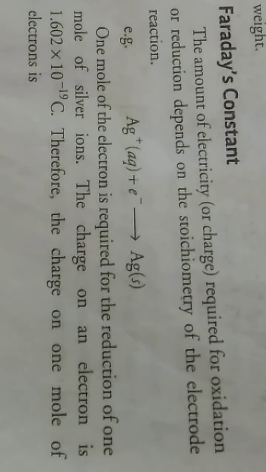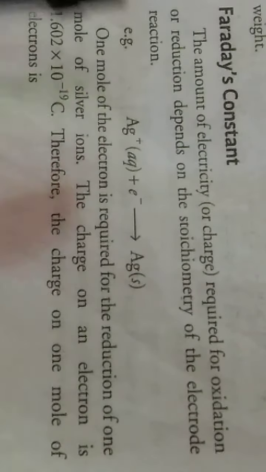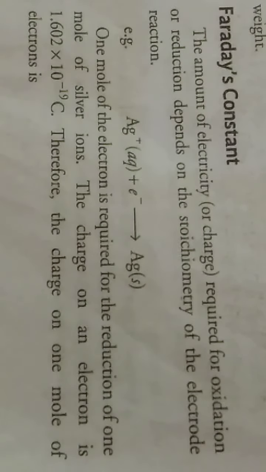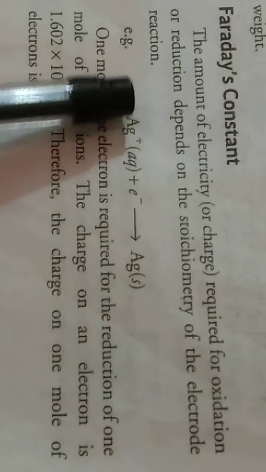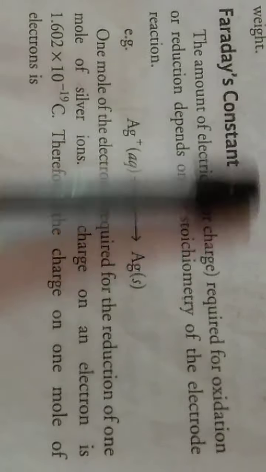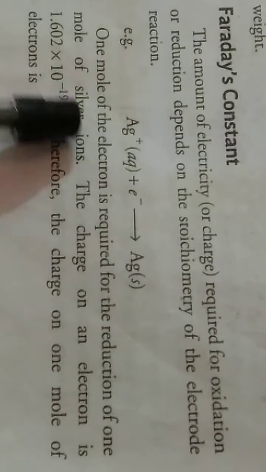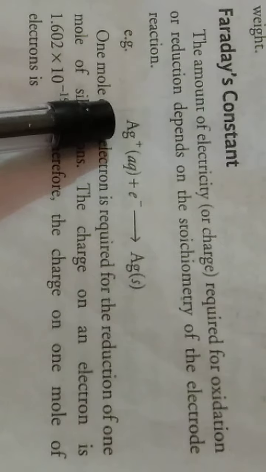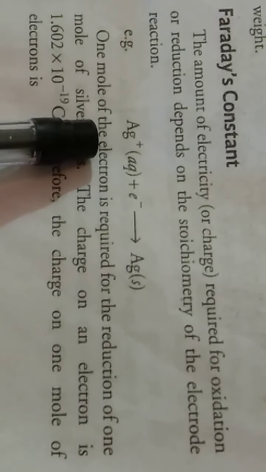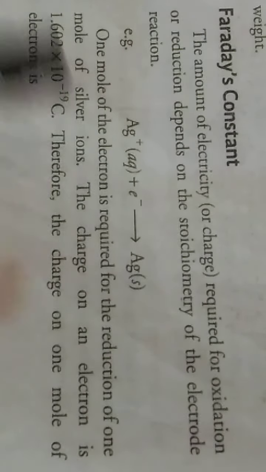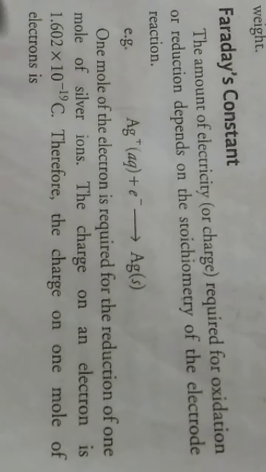What is Faraday's constant? Faraday's constant has a fixed value, 96500. How we got that value, I am going to tell you now. Suppose we have silver ion. The amount of electricity that is required for the oxidation or reduction depends upon the stoichiometry of the reaction.